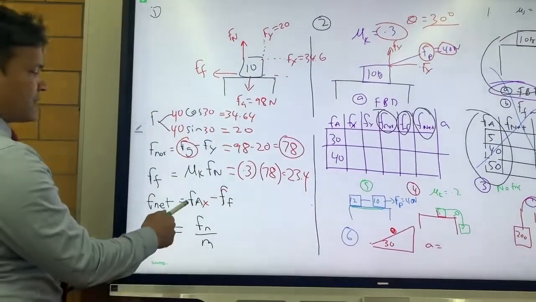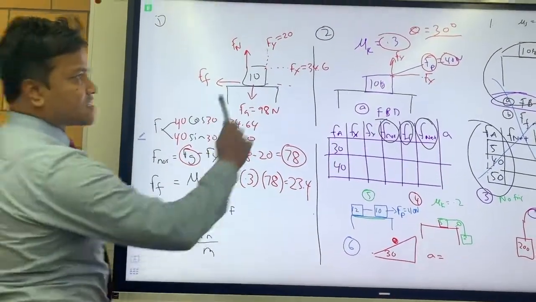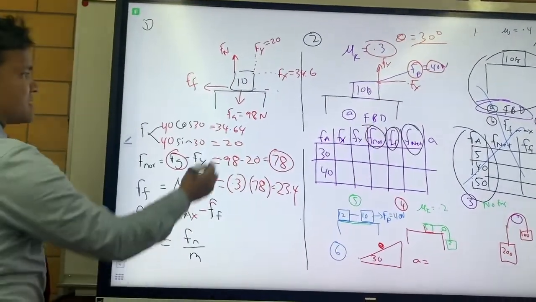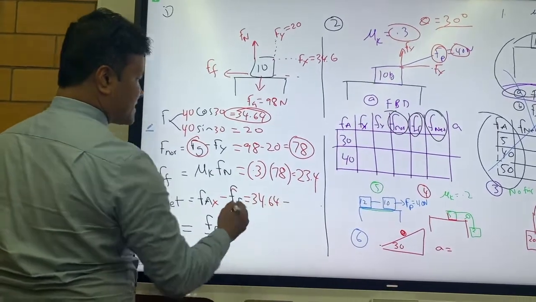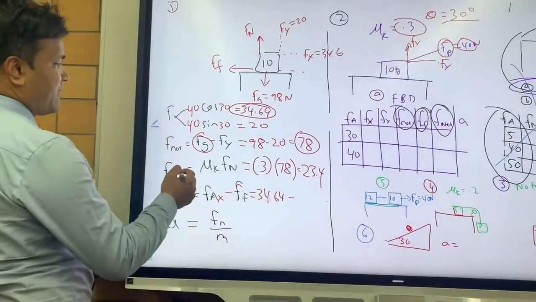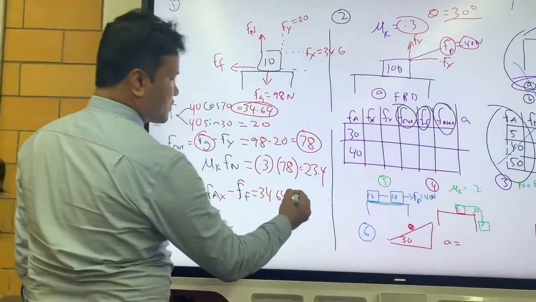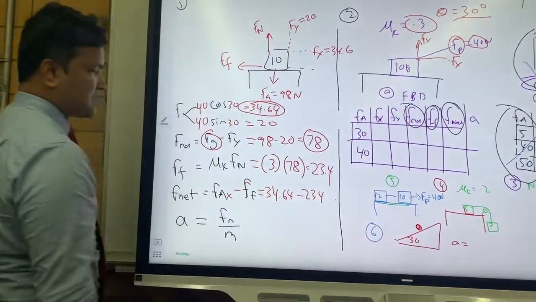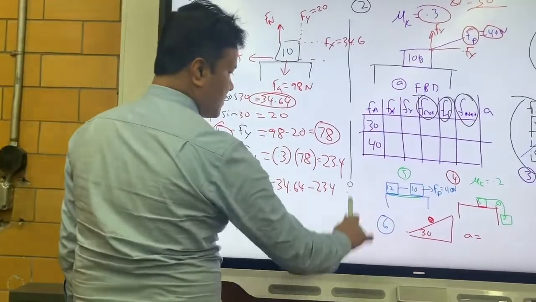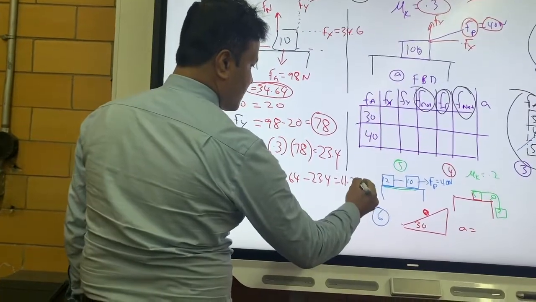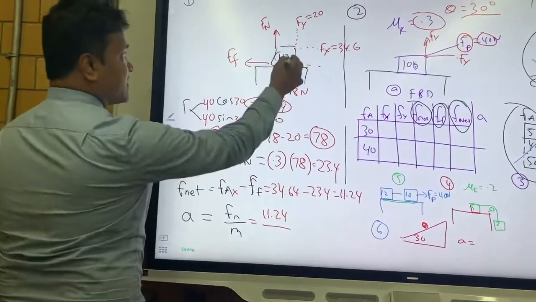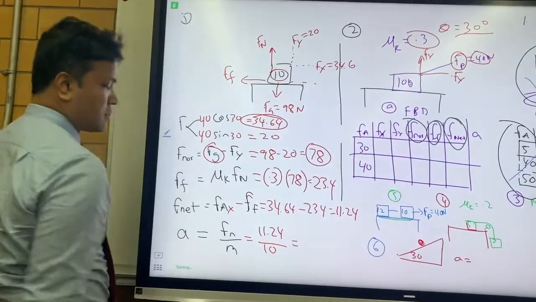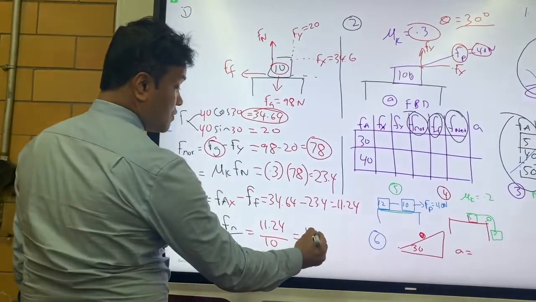Now I have Fax. Fax is not 40. Fax is 34.64. 34.64 minus Ff. What is Ff? Ff is 23.4. So what is this? 11.24. Now I have Fnet, 11.24, divided by 10. Yeah, 1.124.